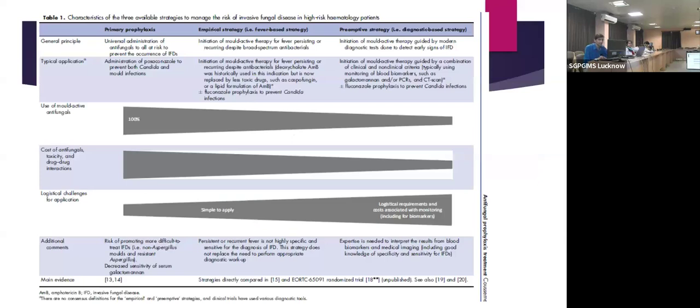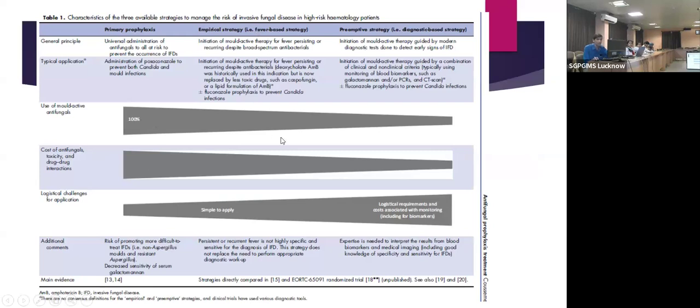And this is the relative comparison of the primary prophylaxis, empirical and preemptive. In primary prophylaxis, all patients are given the antifungals or antibacterials. The cost is the problem. It is simple to institute, simple to implement.